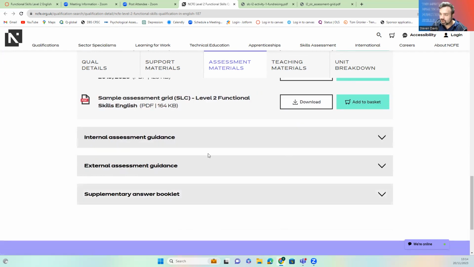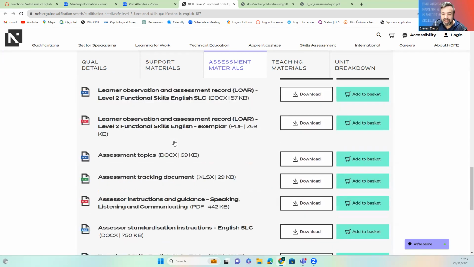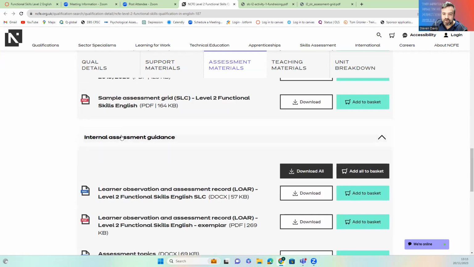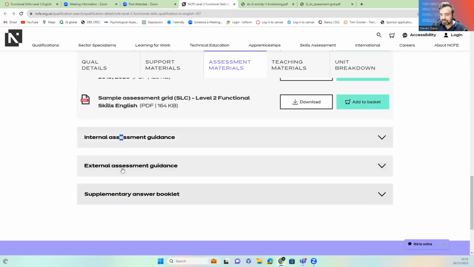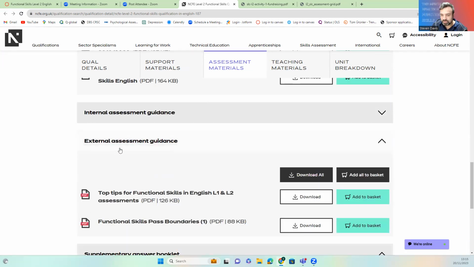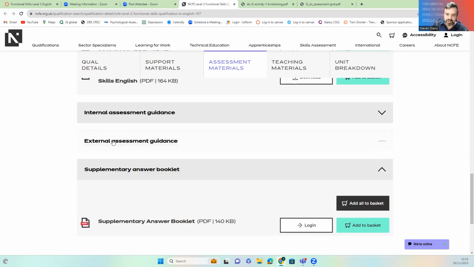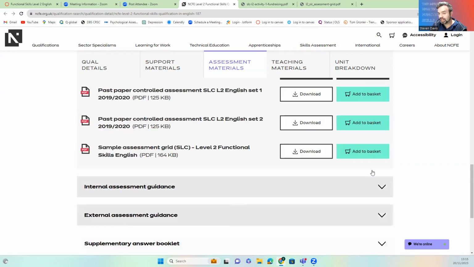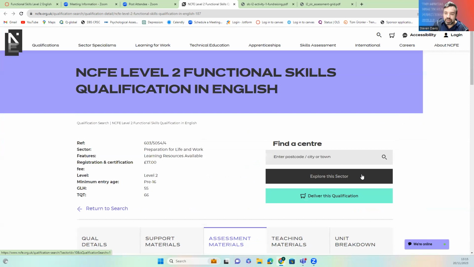So that's what I'm going to be assessing you against. Equally, there's a supplementary answer book there, and lots of other tips for your speaking and listening assessment. So hopefully that's given you an idea of what's going to happen on the day.